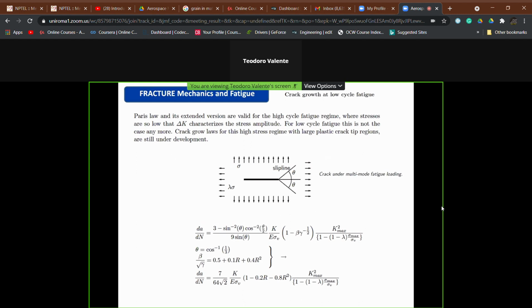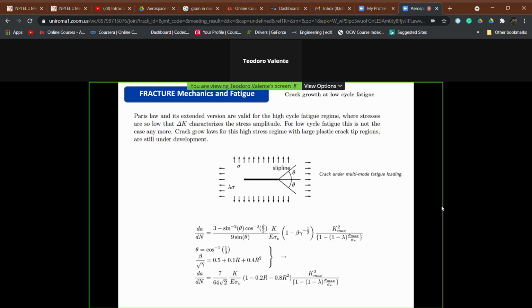Here, just for you, I have presented one model for a crack under multimode fatigue loading, but please remember that this is an extreme case. So obviously research and development is going ahead also in the case of low cycle fatigue.